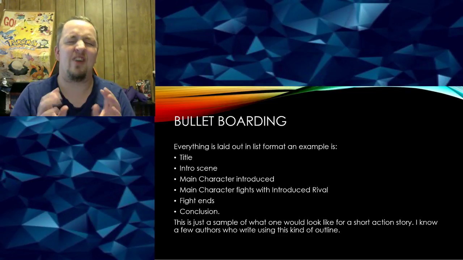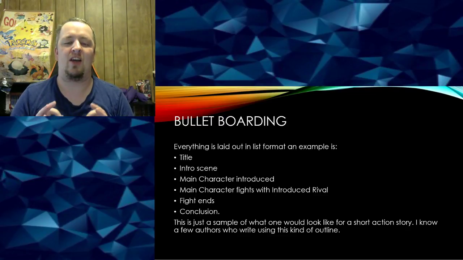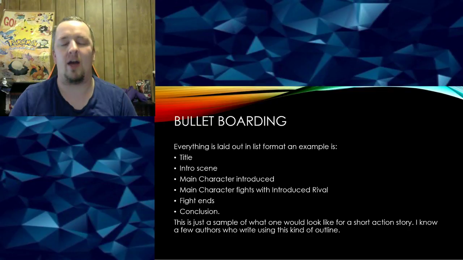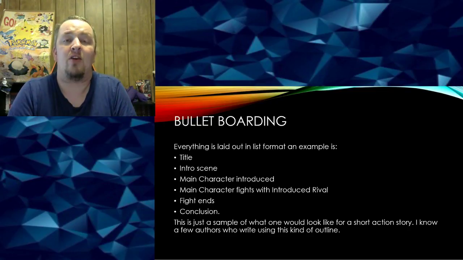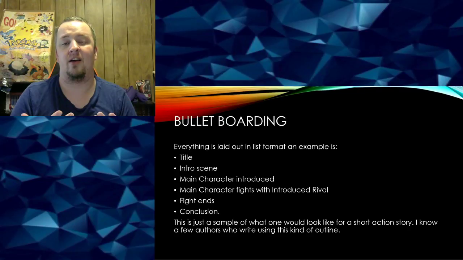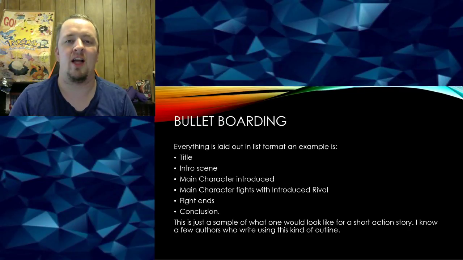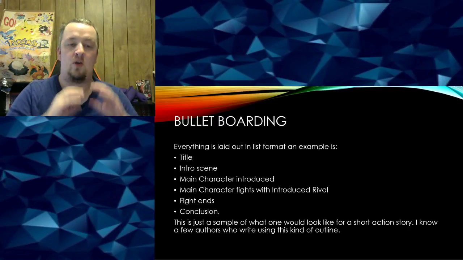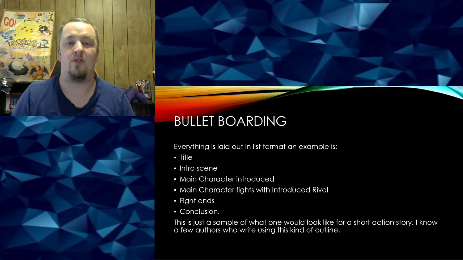This is just a very simple outline that you could do for, say, just a quick fight scene in an action story. You don't have to do it this exact way, but this is generally how you see a bullet board or storyline or storyboard laid out. You have everything in order the way it's supposed to be, and that's where everything is.